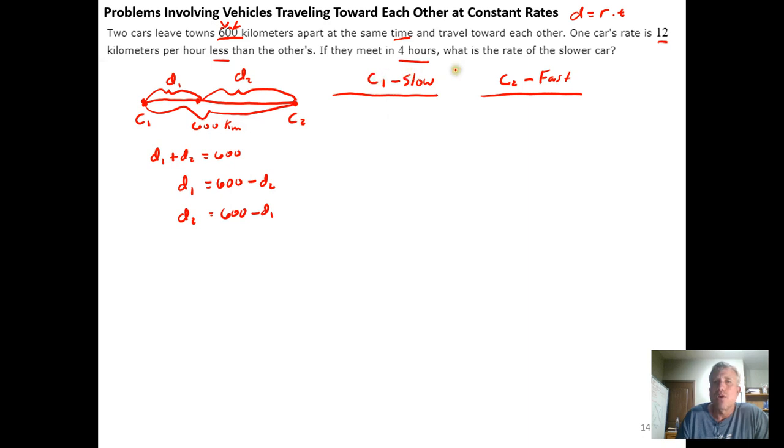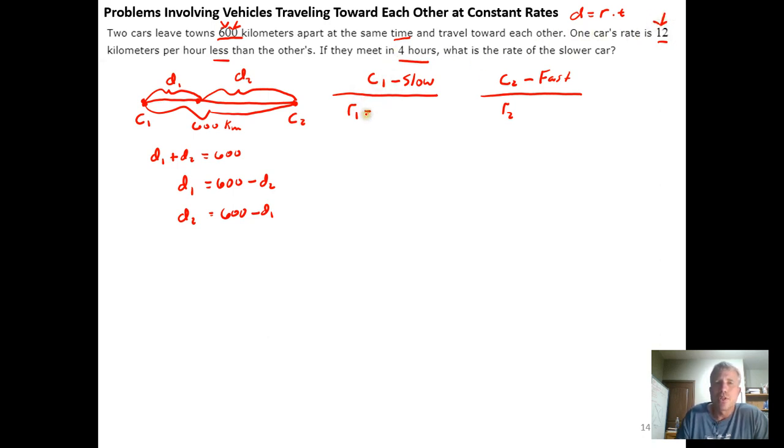So I have a slow car and a fast car. They each are going to have a rate or a speed. So I'm going to let the rate of the slow car be rate 1 and the rate of car 2, the fast car, be rate 2. Notice I'm subscripting these. They're subscripts. And we know that the slow car is going to be 12 kilometers per hour slower than the fast car.